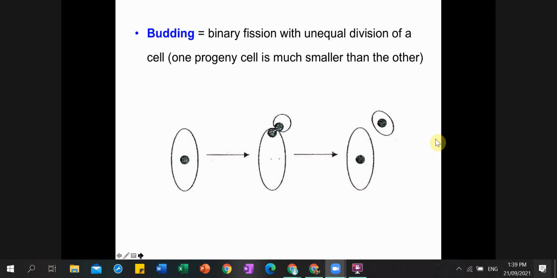The original cell retains most of the cytoplasm, and the other daughter cell is only given a very small portion of cytoplasm. That cell has to grow in size by itself, gain nutrients, eat a lot so it can increase its size, right? So that's what we call budding.